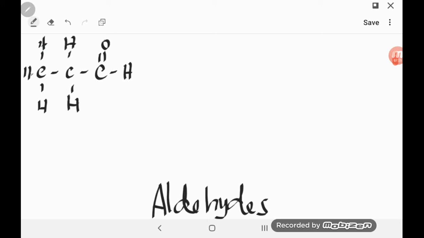So this is the Lewis structure of an aldehyde. Notice that it has a double bond between a carbon and oxygen and a single bond from a hydrogen. Do not be confused between an aldehyde and a ketone, because an aldehyde is commonly found at the end of each structure and is commonly connected with an H atom, while a ketone is commonly connected with carbons, not with a hydrogen. Now, the condensed structure of this aldehyde would be like this.